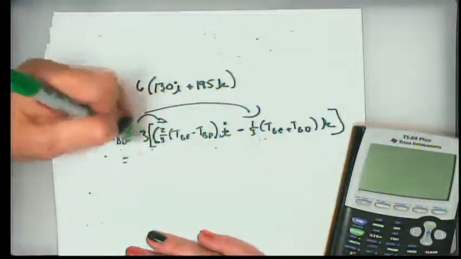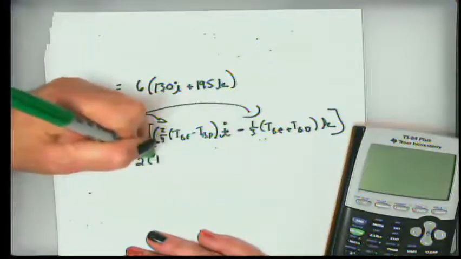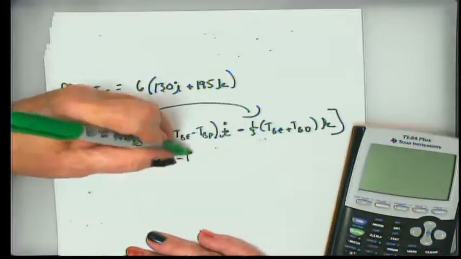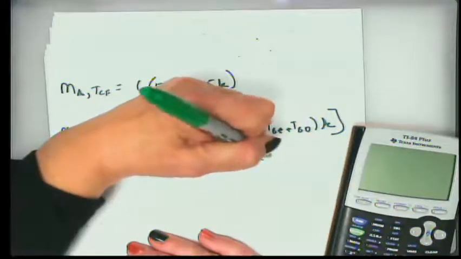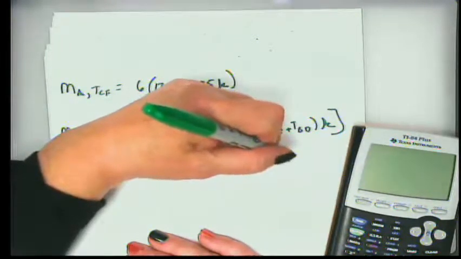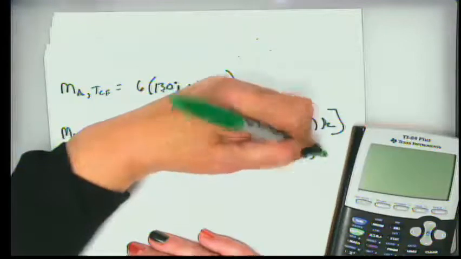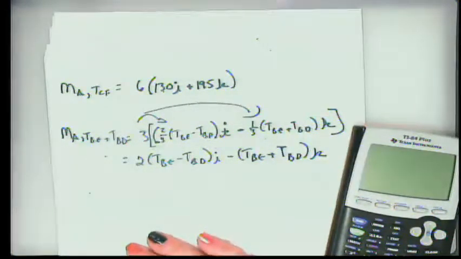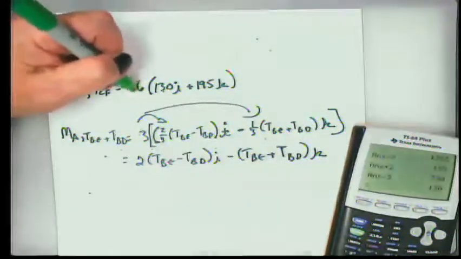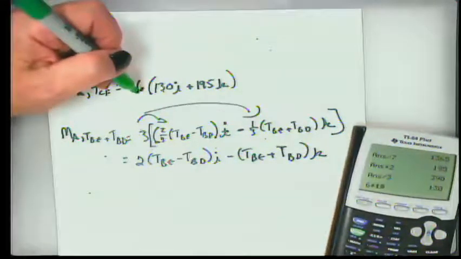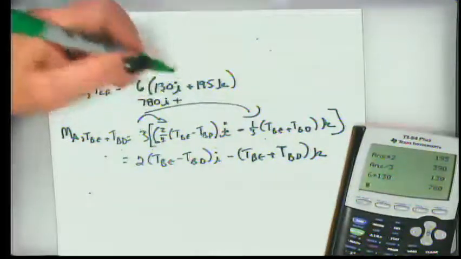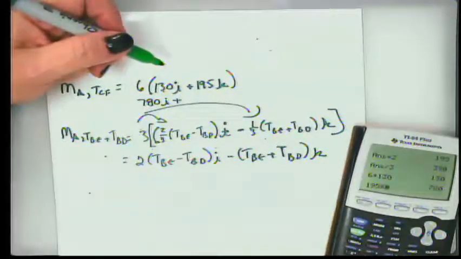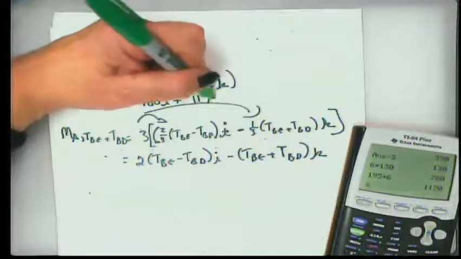So I get that that moment is equal to 2 times the quantity TBE minus TBD in the I direction, minus 1 times TBE plus TBD in the K direction. Okay, and this, I can multiply 6 through that and just get numbers. So I get 6 times 130 for my I, which is 780I, and then 195 times 6, which is 1170K.